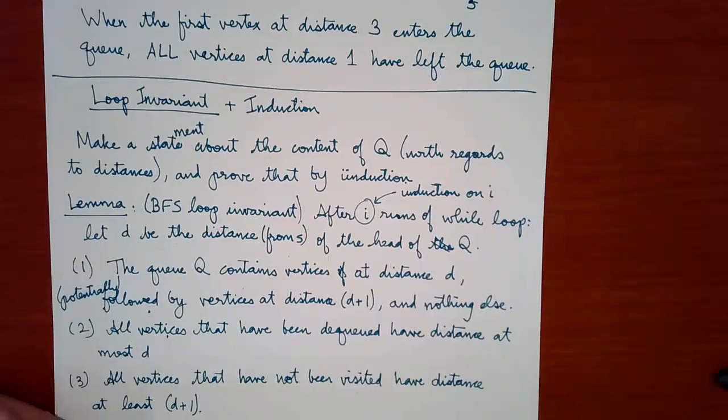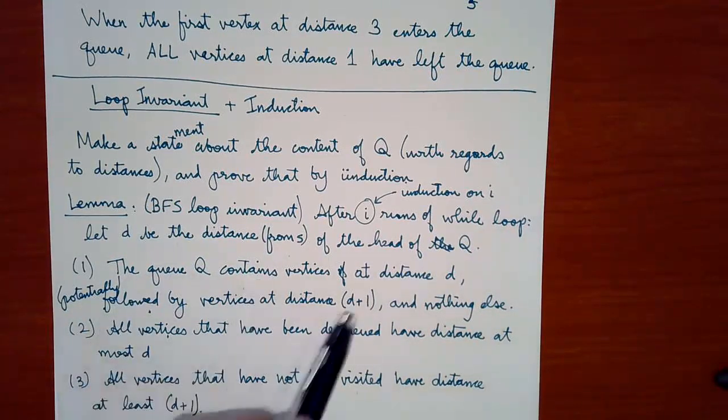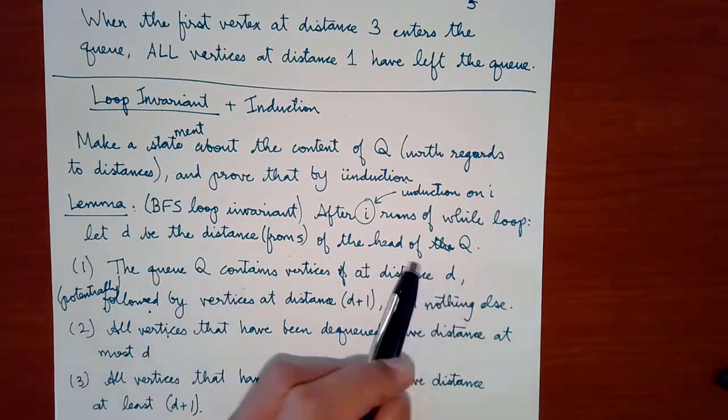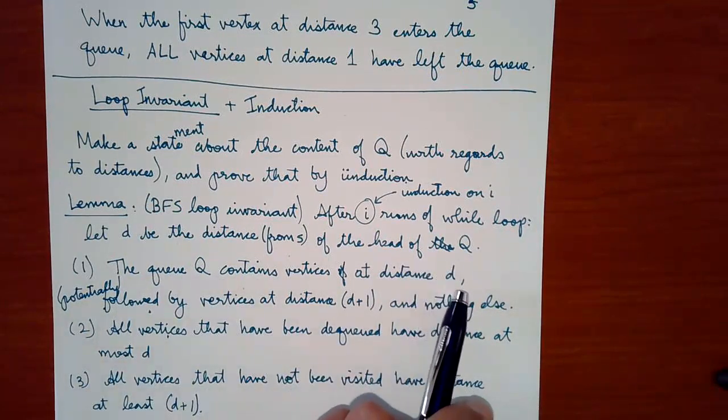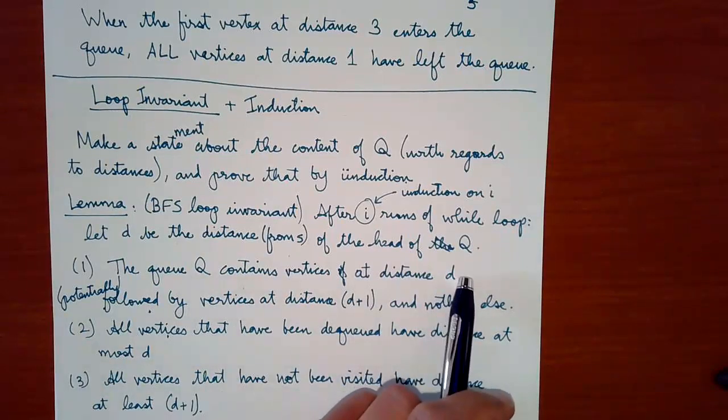So d is distance, not depth. Depth would be specific to a tree. Good. So this is only true if the queue has vertices of distance d plus 1, but the queue might only have vertices of distance d.